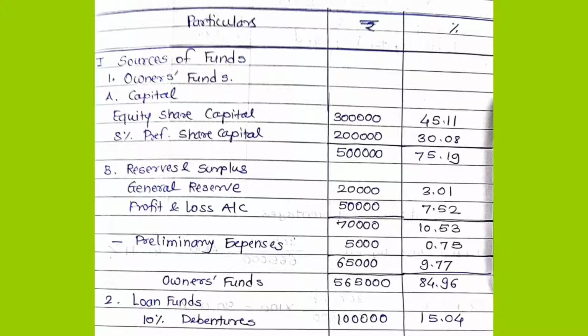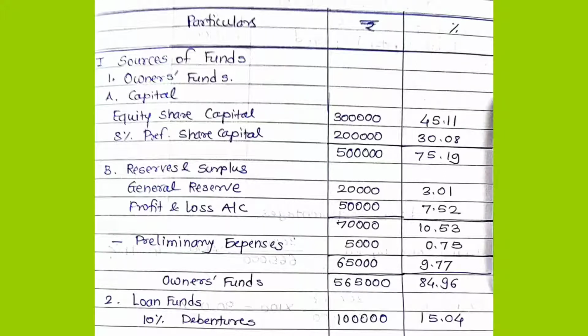Similarly, we have calculated the total of share capital. Total of share capital is 5 lakh. 5 lakh divided by 6,65,000 into 100 is equal to 75.19%. That means out of total funds, your share capital proportion is 75.19%, that is a huge percentage.